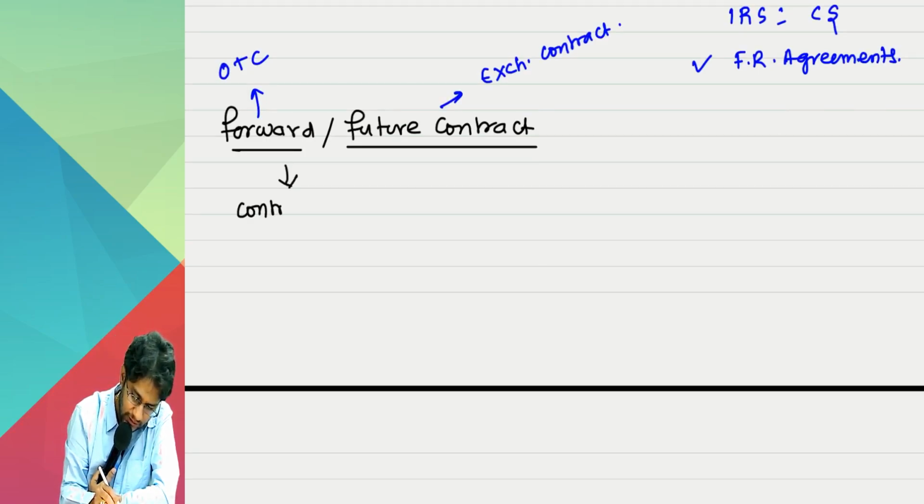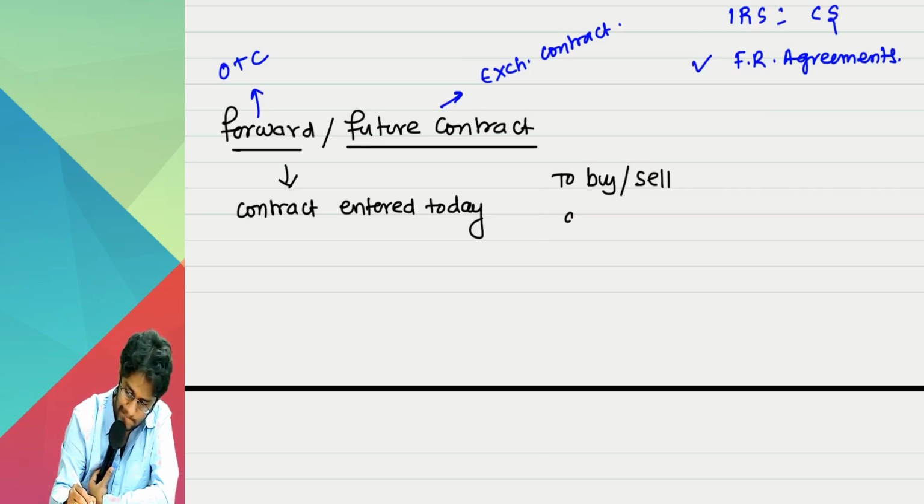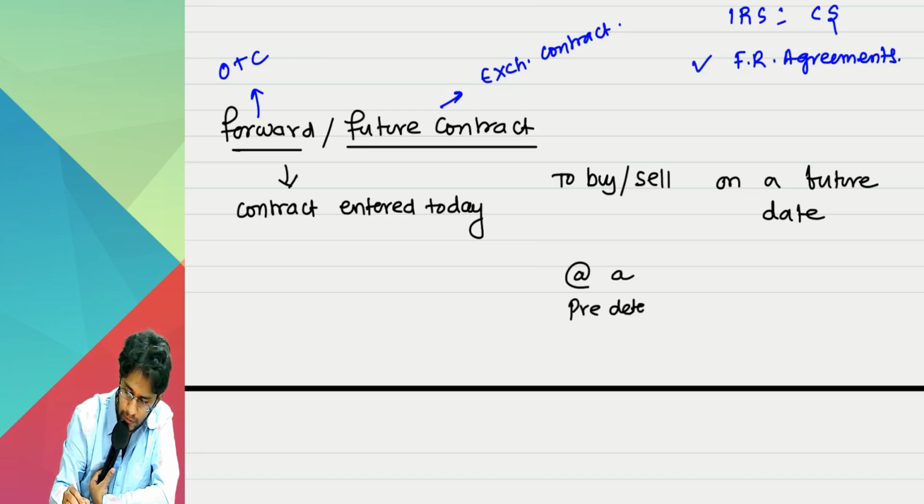It is a contract entered today to buy or sell on a future date at a predetermined price.